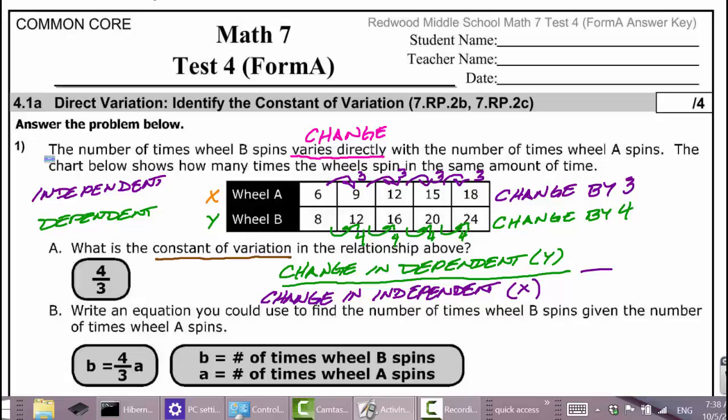In this case, the change in the dependent is by 4s, the change in the independent is by 3s, and that becomes our constant of variation, 4 to 3.